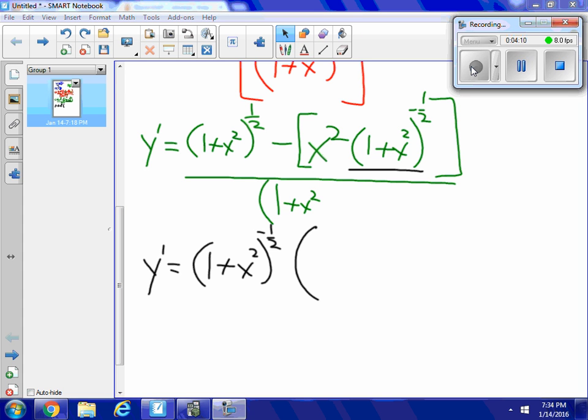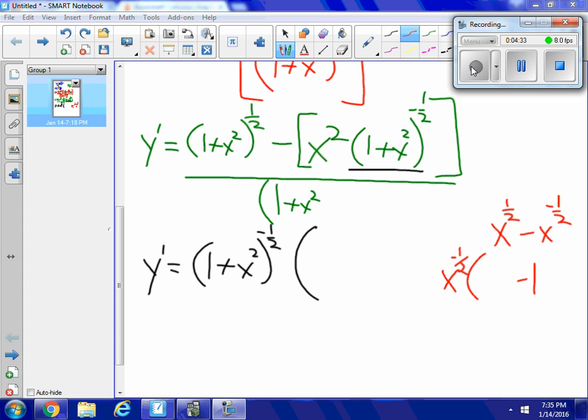I'm going to take a little tangent here just to show you what I'm going to do right now. So if I had x to the 1/2 minus x to the negative 1/2, and I factored out an x to the negative 1/2, well, I know that this minus over here would be a 1, because when I distribute this to that, it's going to be x to the minus 1/2.